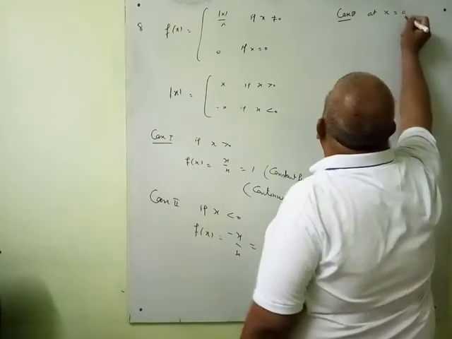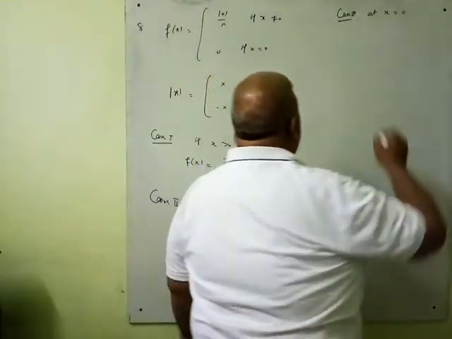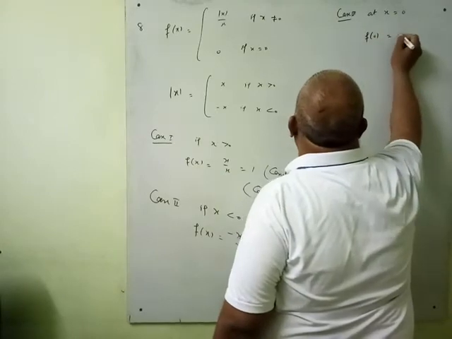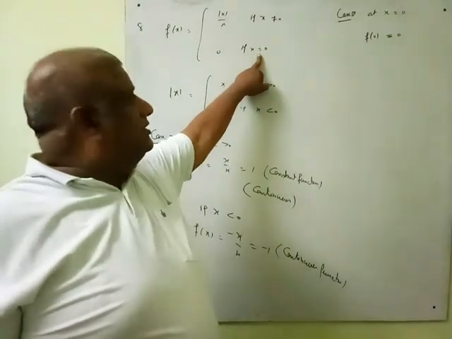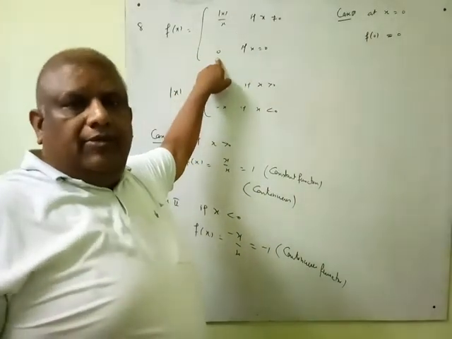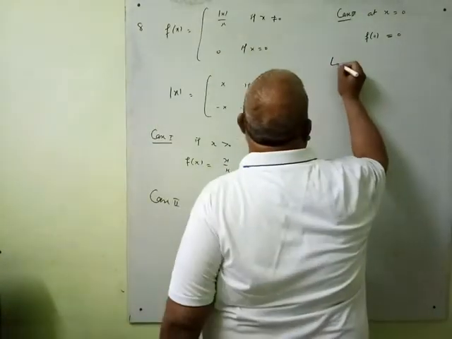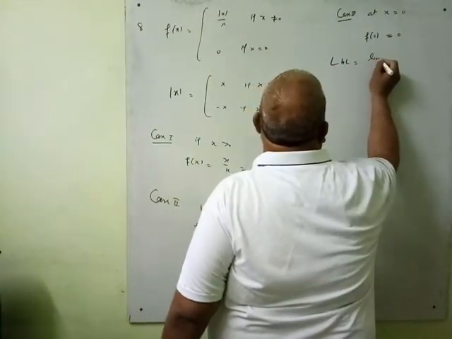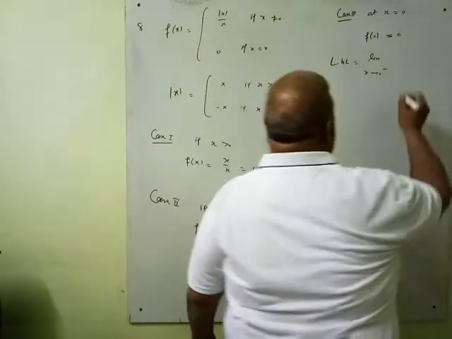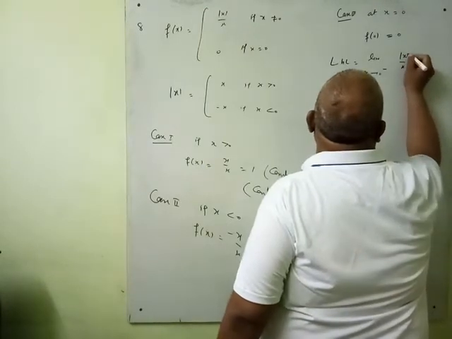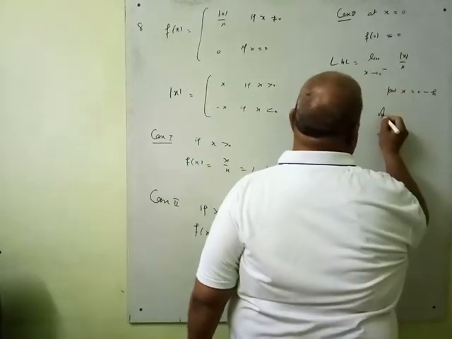At x equal to 0. Here, first of all, what is f(0)? It is 0, given. Here, when the value of x is 0, the value of the function is 0, which means the function is defined at x equal to 0. Left hand limit: limit as x tends to 0 minus of mod of x upon x. Put x equal to 0 minus h.